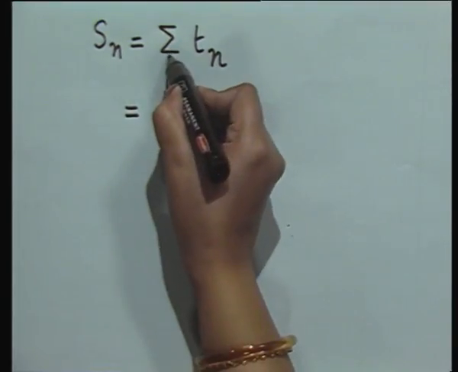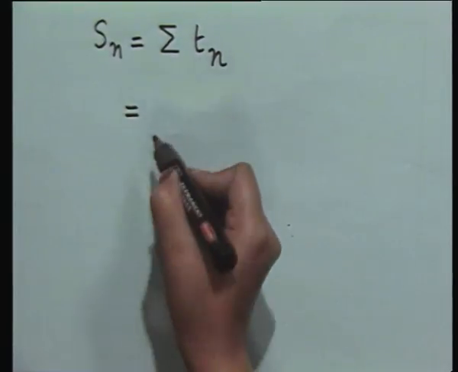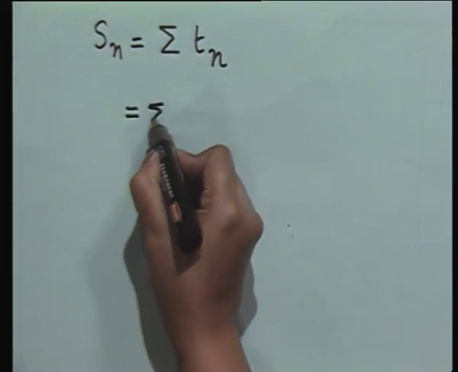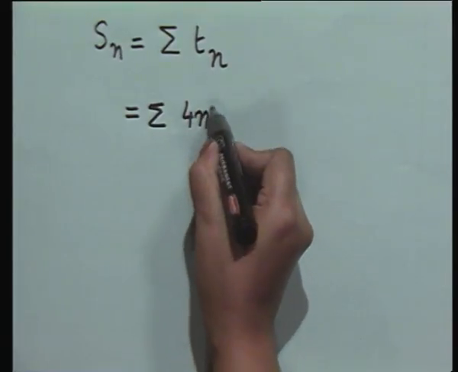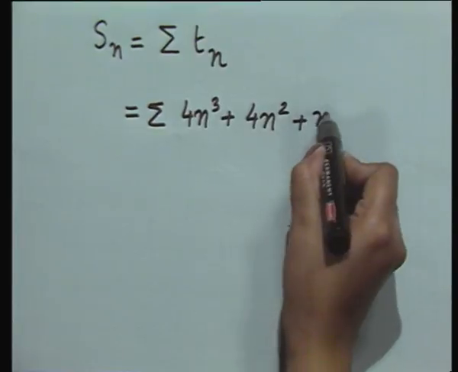Sigma of Tn, with an understanding that this is a sum of the n terms, is going to be the same as sigma of 4n cube plus 4n square plus n.